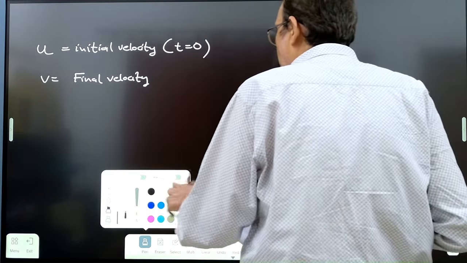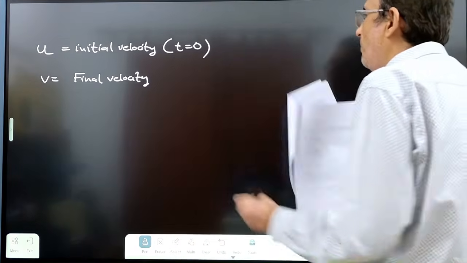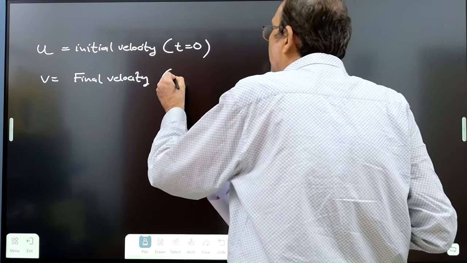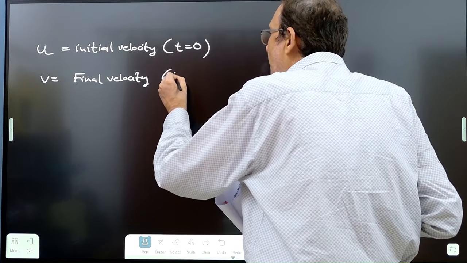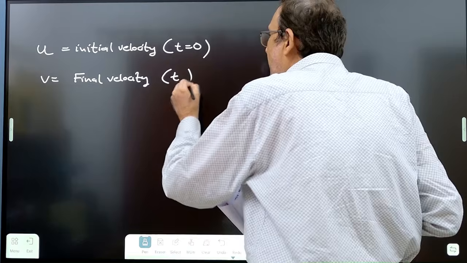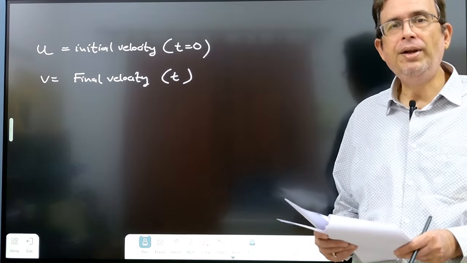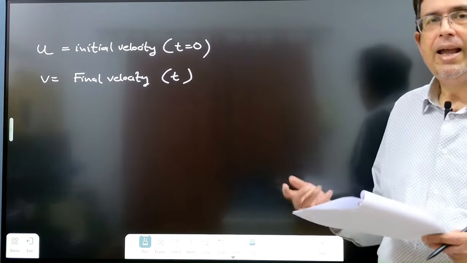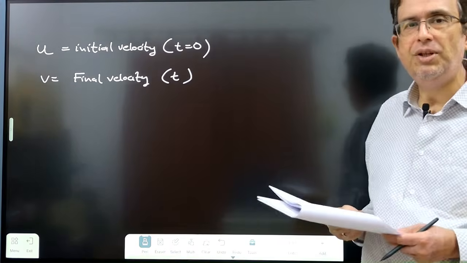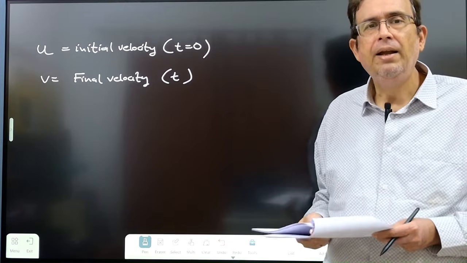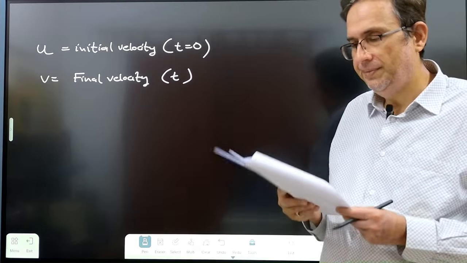This is the velocity which is attained by the body at time t. So an object starts moving with an initial velocity u at initial time t equal to 0, and at a final time t it attains a velocity v, which is the final velocity.